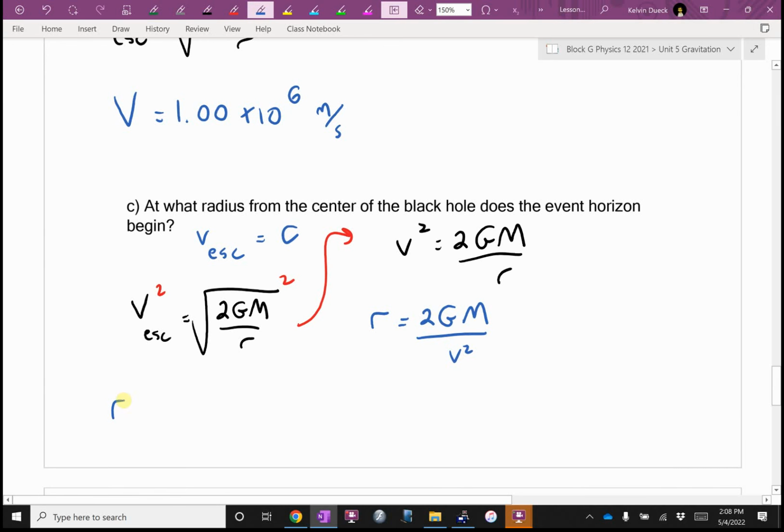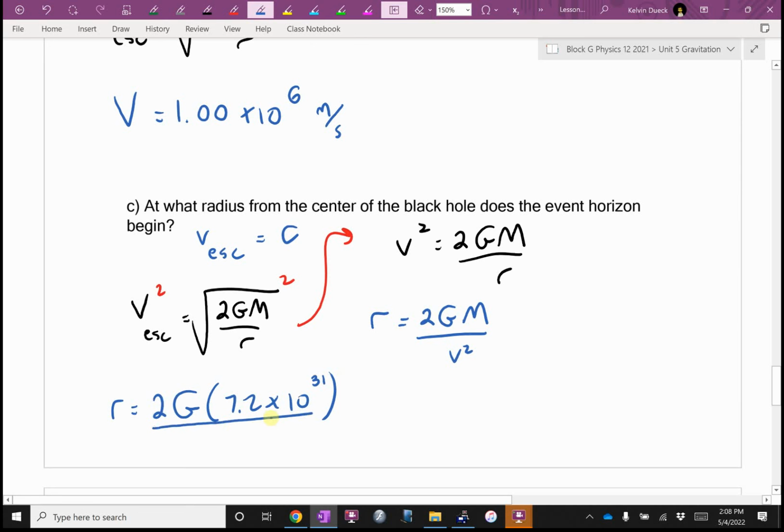If I plug in my numbers, it's going to be 2 big G big M. What's M? What's the mass of the sun, by the way? Something 10 to the 30th, 10 to the 31st, so roughly 10 times heavier than the sun, okay?